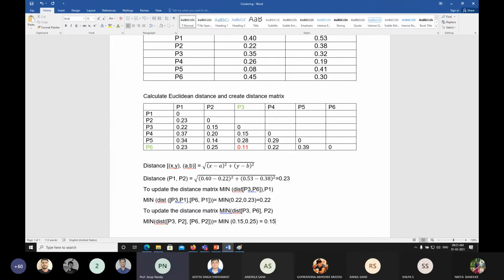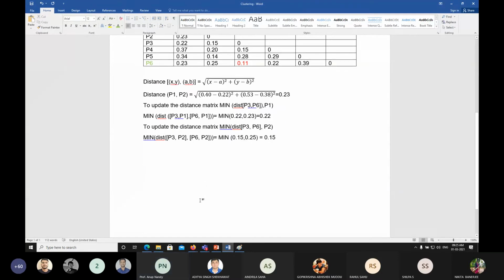To update, so now you can understand. Now to update the matrix for cluster P3, P6.